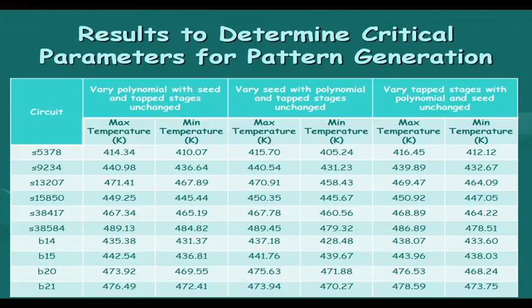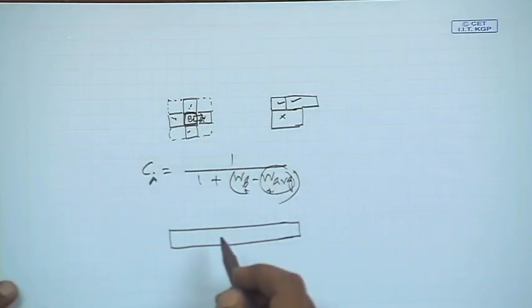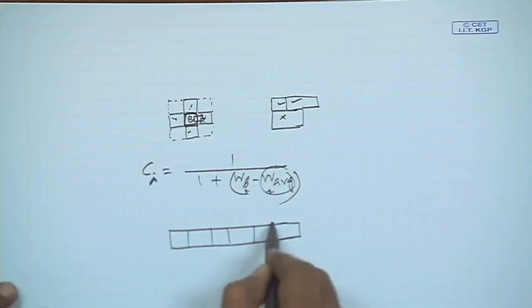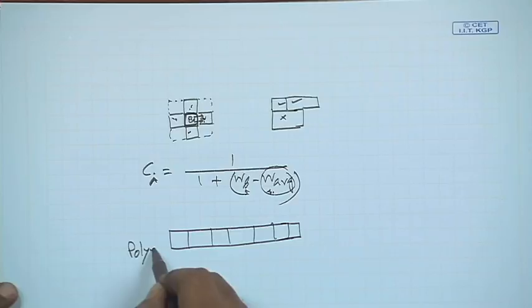So, the initial experimentation that has been done, we do many things like vary the polynomial with seed and tapped stages unchanged. If you have an LFSR, there are various issues. If this is the LFSR, then the one thing is the polynomial. What is the polynomial that we are using for feeding back to the first cell?